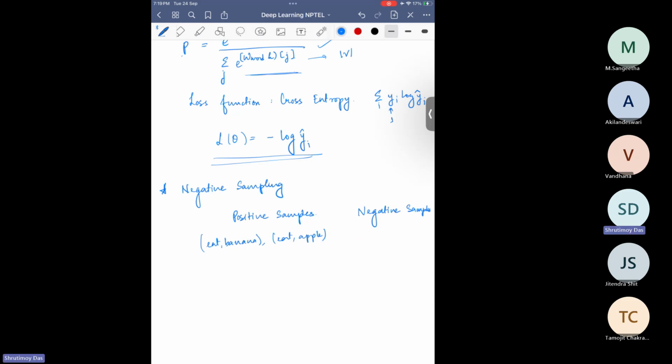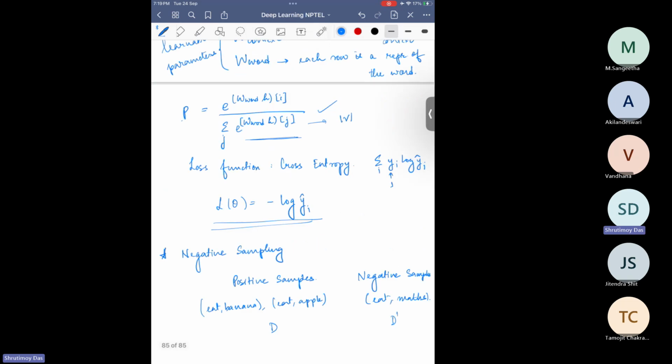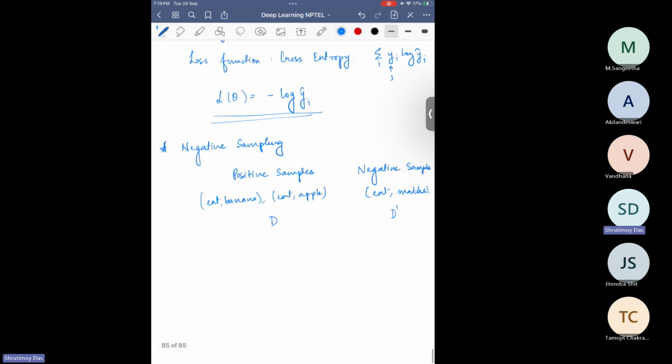The negative set has words which never occur together, say eat and maths, and so on. I named the positive data set D and the negative one D prime. So instead of looking over all of these keywords, we only look at the pairs in D and the pairs in D prime.